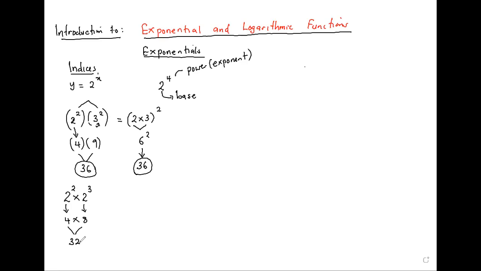Well, instead of squaring this side and then getting 2 to the power 3, we can as well choose to just get a 2 and add these powers. So we add 2 plus 3 because the base is the same. So what we'll get is 2 to the power 5, which is equal to 32. And you can see that these are equal.